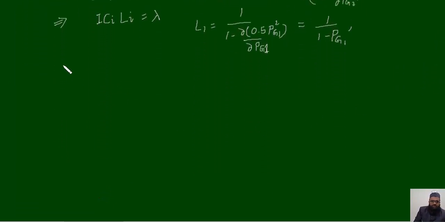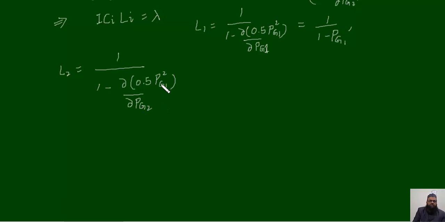Similarly, for PG2, first write L2. So L2 will be equal to 1 upon 1 minus del 0.5 PG1 square, because PL is given as 0.5 PG1 square, on del PG2.